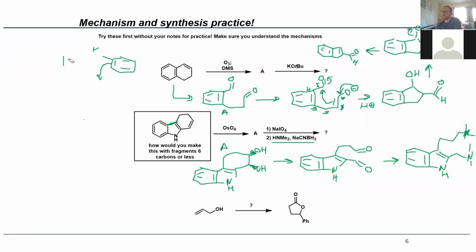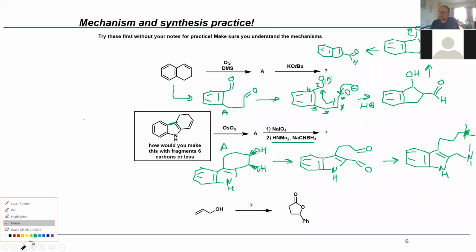Does anyone have a suggestion on a synthesis? Okay, well, if there's no suggestions, then let's think about the synthesis problem.